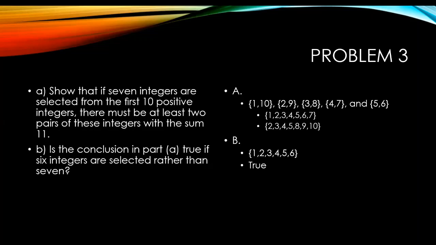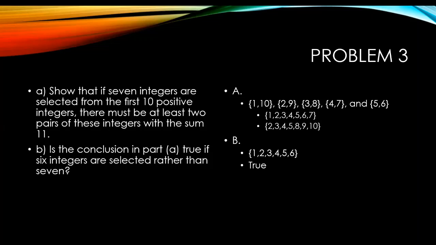Using the pigeonhole principle, the ceiling of m divided by n should be at least 2, where n is 5. So what is m that will yield two items in a container? 6.